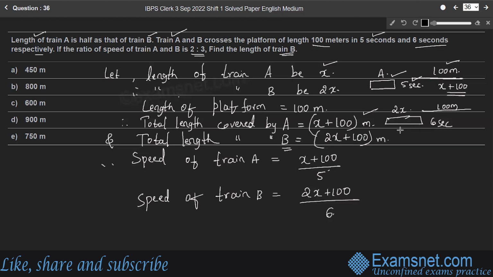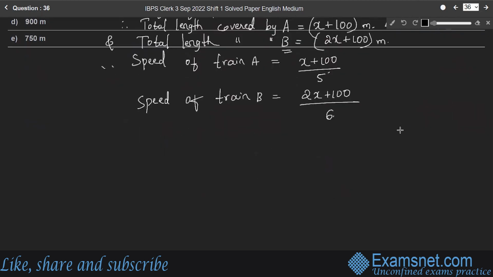Therefore, the ratio of speed of train A to B, it is given that 2:3, right? Therefore, speed of train A is to speed of B is equal to 2:3, right?